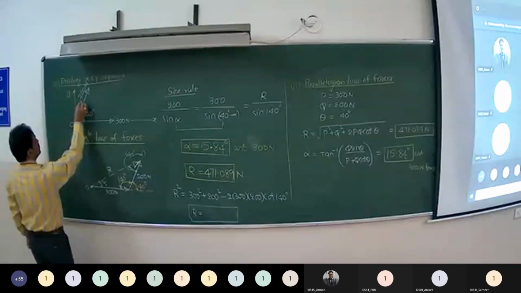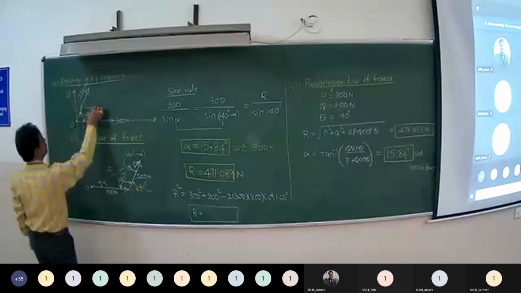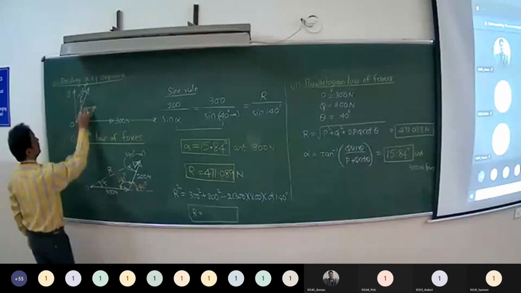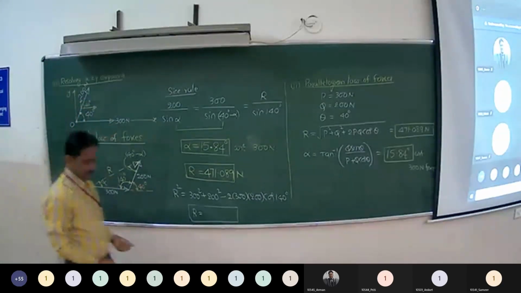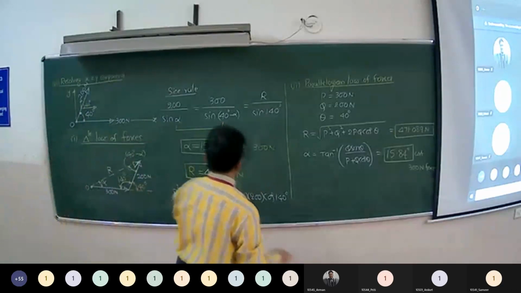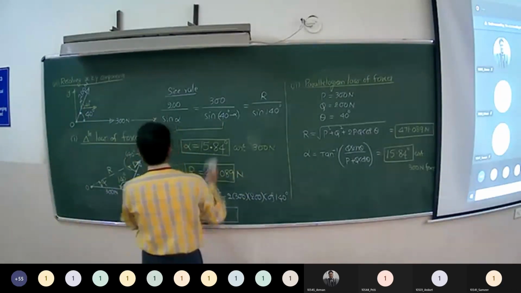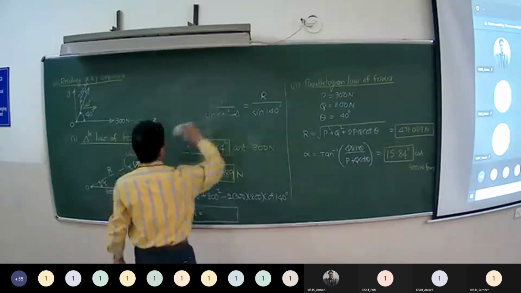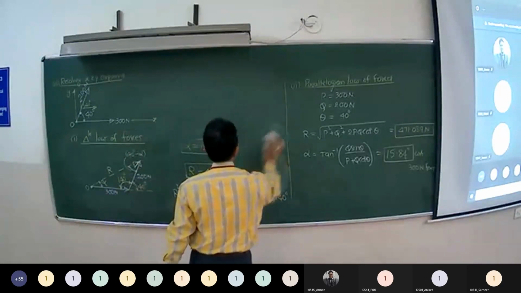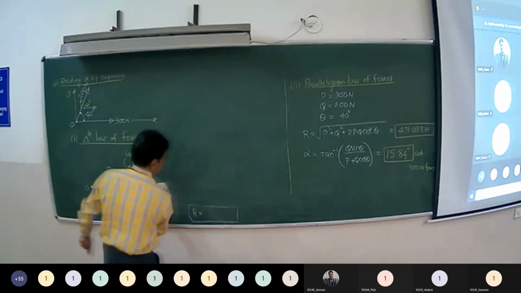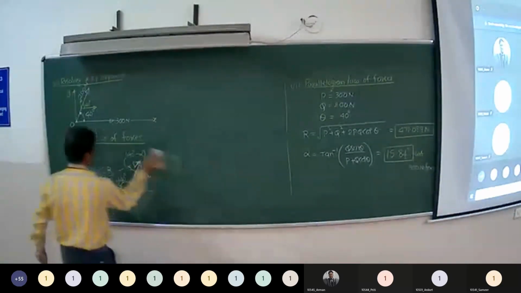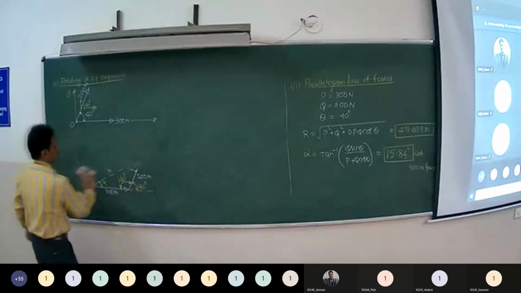So if you resolve this 200 Newton force, you have this x component, y component, making 40 with x. Now here 300 Newton is acting along x-axis. So what is the x component of 300 Newton force? 300 Newton, right.